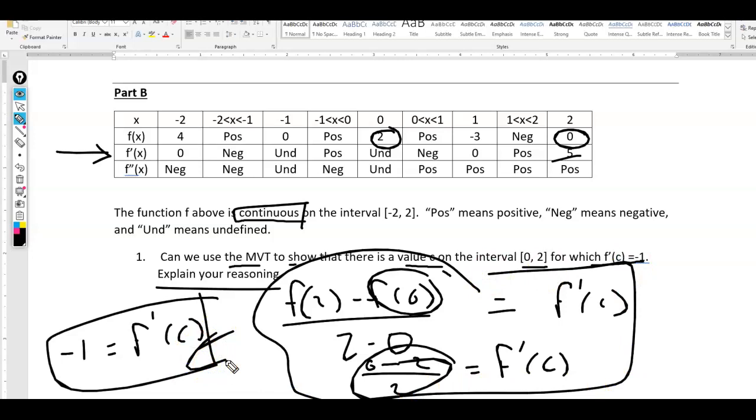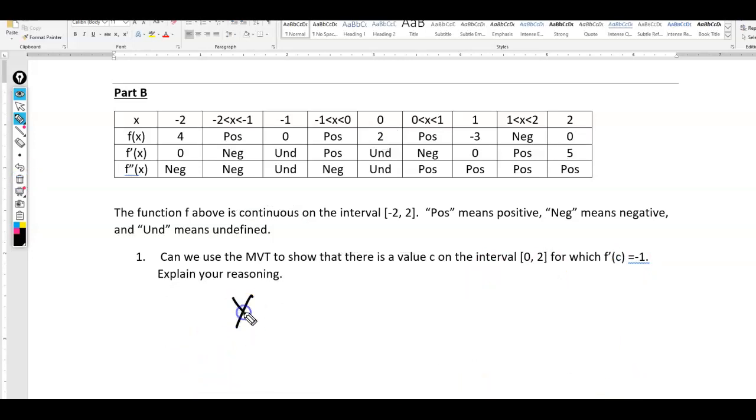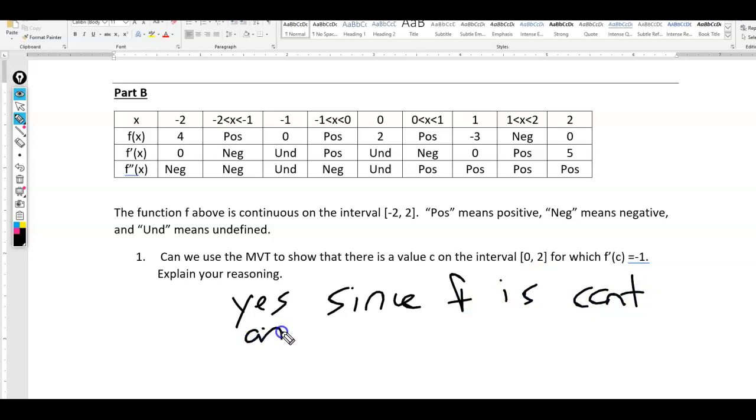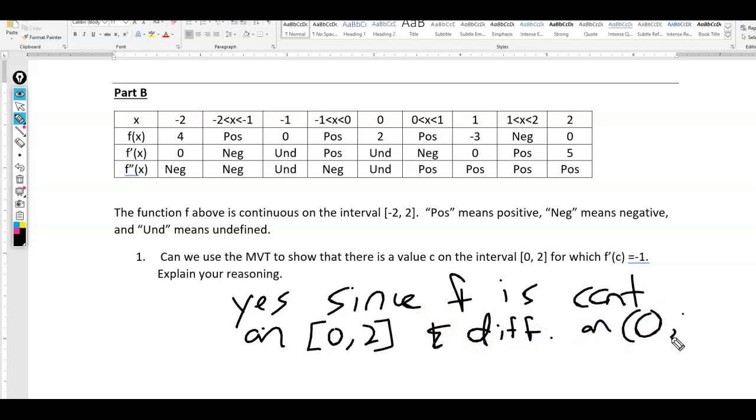Then you would also have to say yes, since f is continuous on the closed interval 0 to 2, and it's differentiable on the open interval 0 to 2.